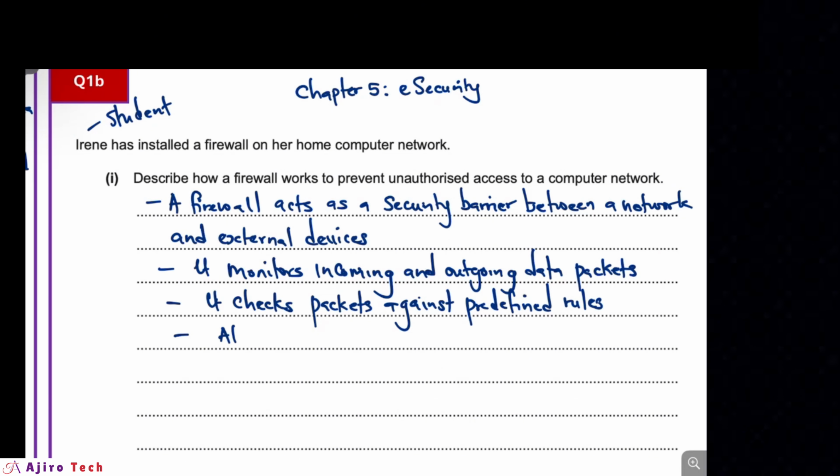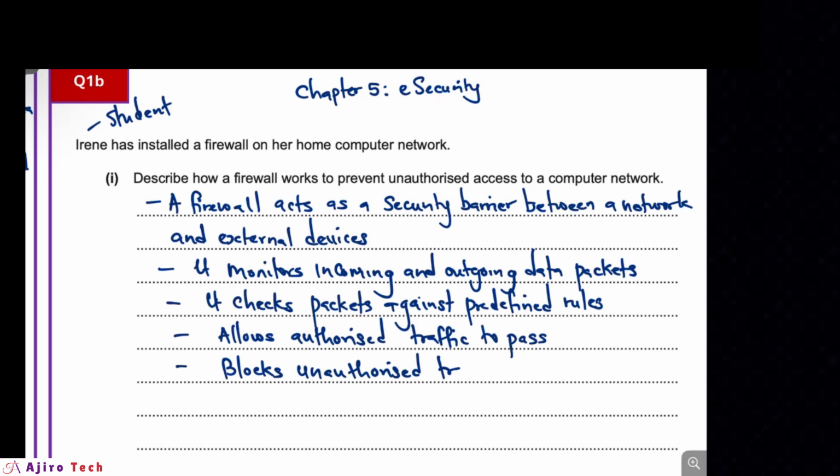It allows authorized traffic to pass and blocks unauthorized traffic.